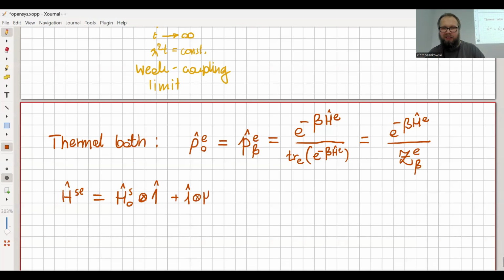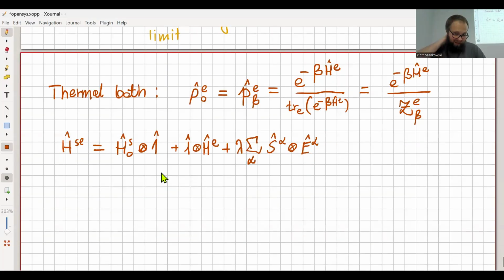Identity times H_E plus the general form of coupling. Let me be explicit here: sum over some indices alpha, we have S_alpha times bare interaction operator E_alpha.